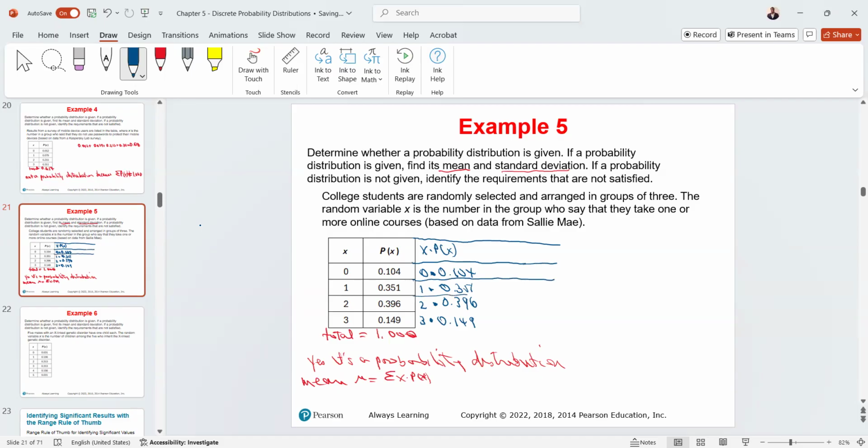I need to extend the table. Now, when you add everything and use your calculator, I believe the total here would be 1.6. So the mean is 1.6.